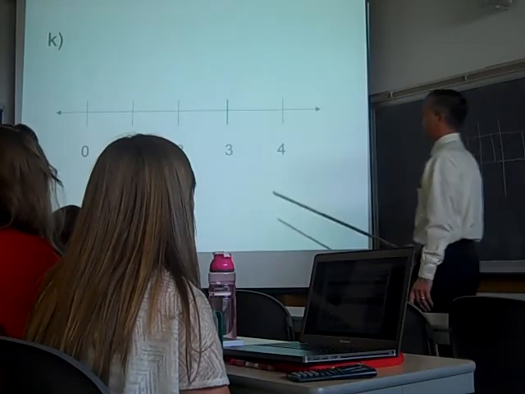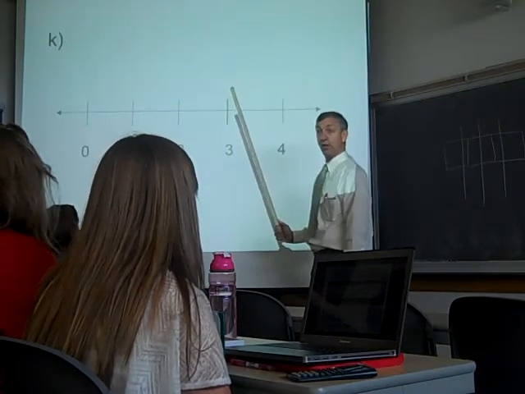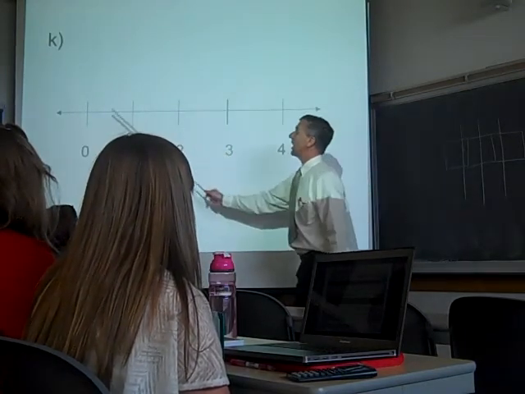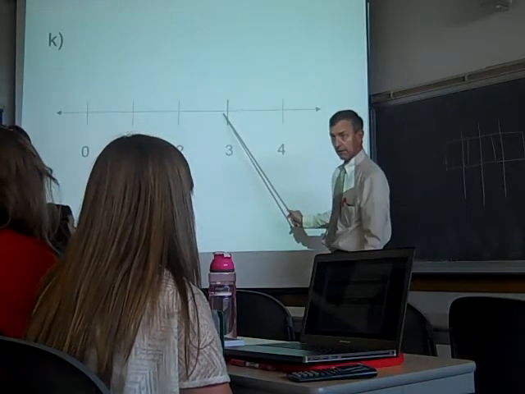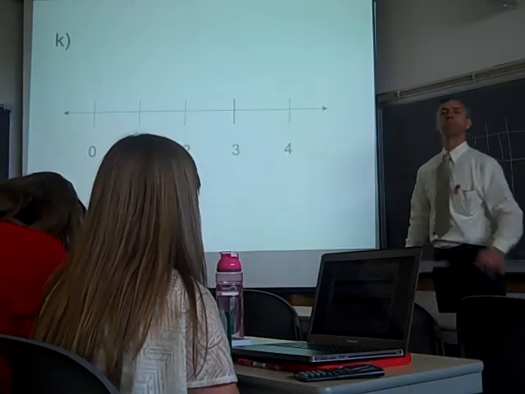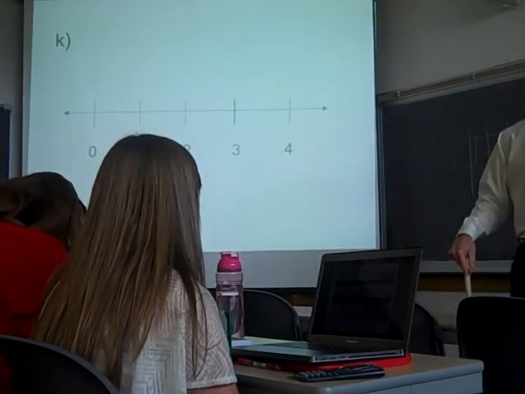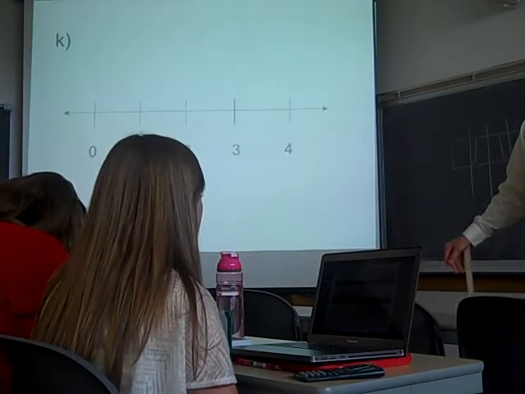If the unit is the length from here to here, if that's the unit, then I have gone 3/4 of the length, the distance, from 0 to 4. Does that make sense? Yeah. But then again, you don't really know if that's the entire unit because it's a line and not a line segment. Yeah. So this could very well be the number 3, right?